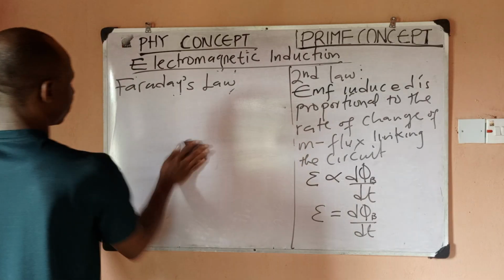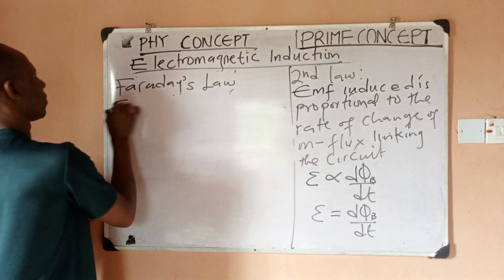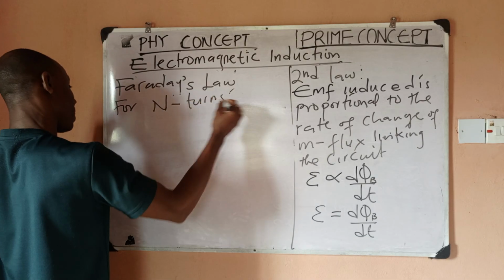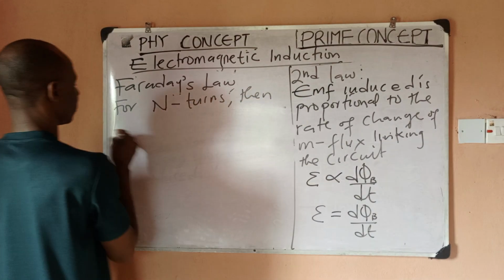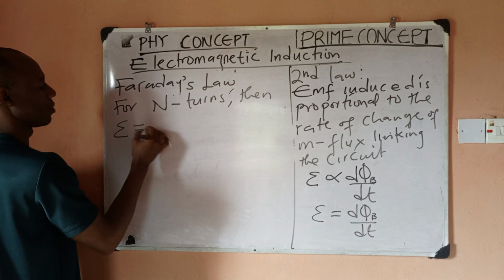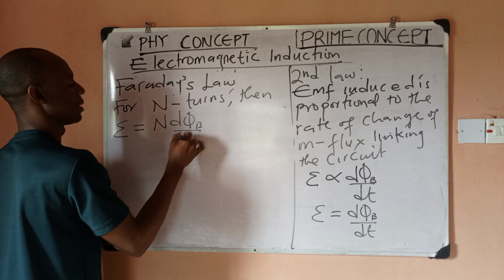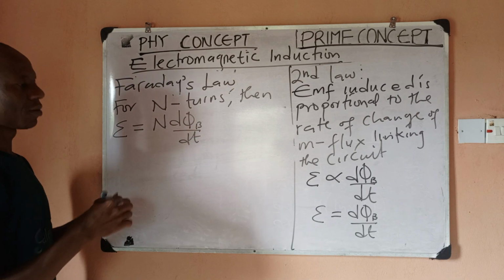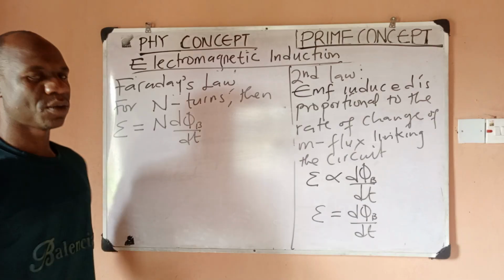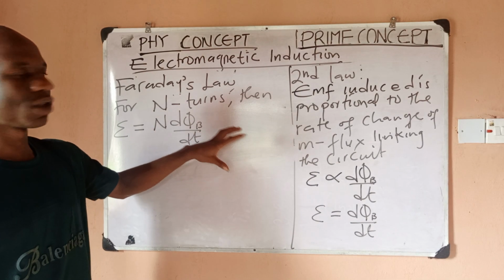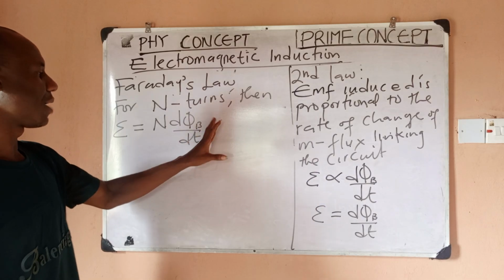So I would write, for N turns, the EMF becomes N dΦB/dt. So this is now Faraday's law, but this law is not yet complete. There's a modification that is made to this, which we'll see just shortly after this.